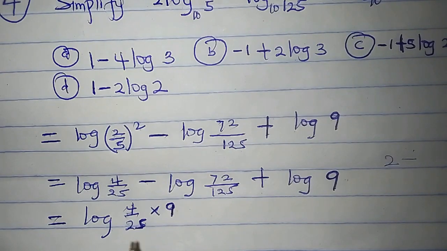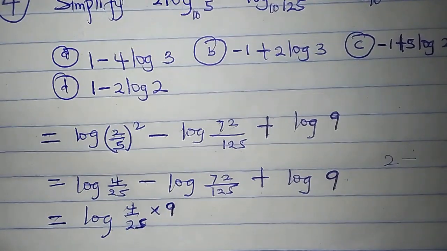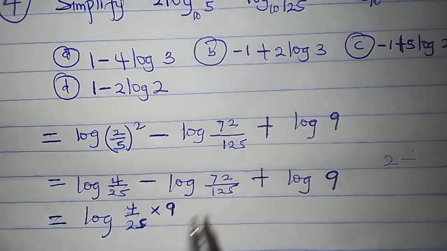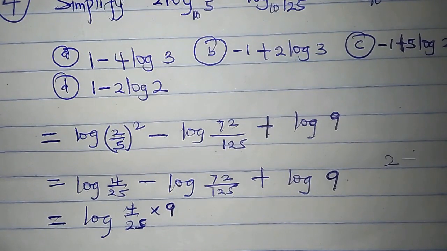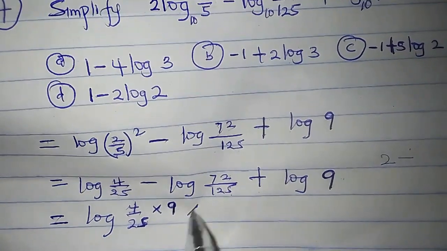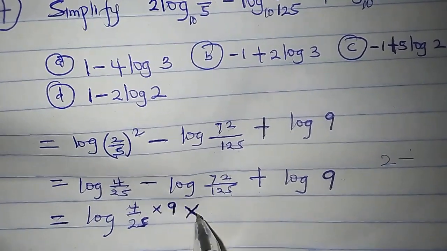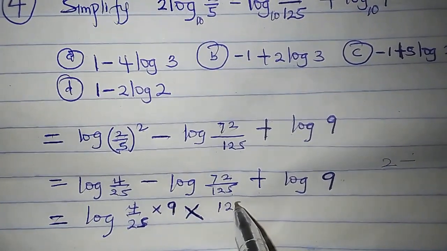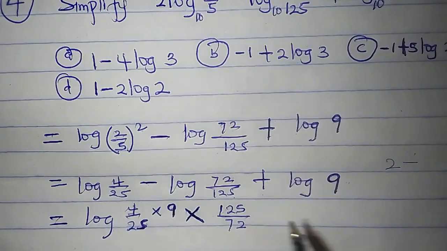But it will be cumbersome to write that. Since I know that if I divide by 72 over 125, the division sign will later turn to a multiplication sign, and when that happens, the reciprocal of this will be taken. So I will still multiply now by 125 all over 72.